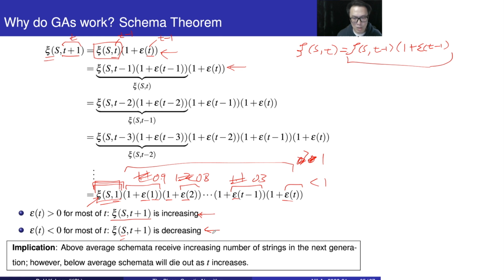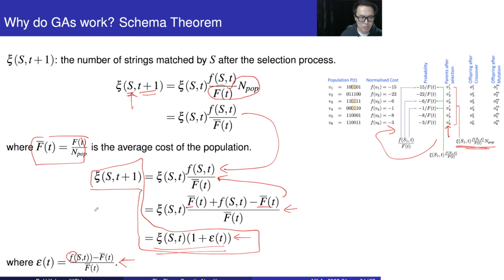So what is the meaning of epsilon t greater than 0 or less than 0? Just go back to this one. When f is less than this value, that means the cost is not as good as this one.